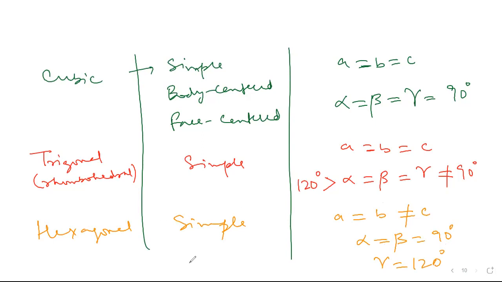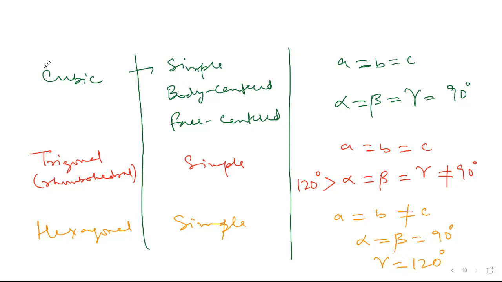So in the hexagonal crystal system, only one Bravais lattice is possible, simple. a is equal to b, two sides equal, third one not equal, two angles 90 degrees, third one 120 degrees.